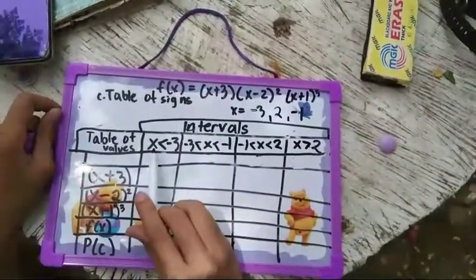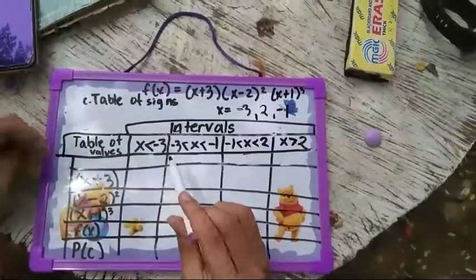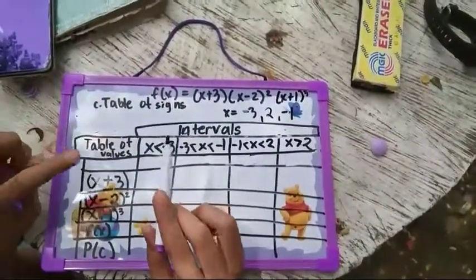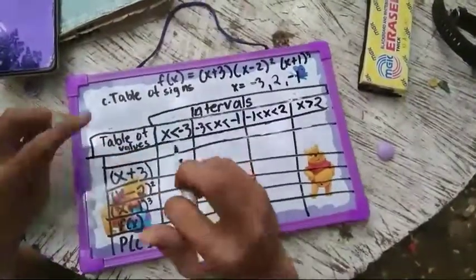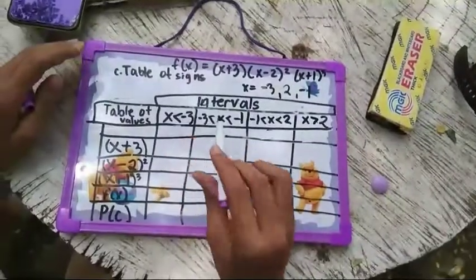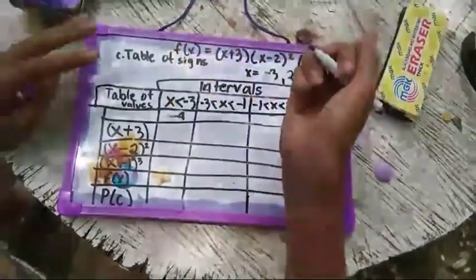Now we look for our test values, or the numbers that are assigned to our intervals. For x less than negative 3, a number that is less than negative 3 is negative 4, and this is what we call our test value.